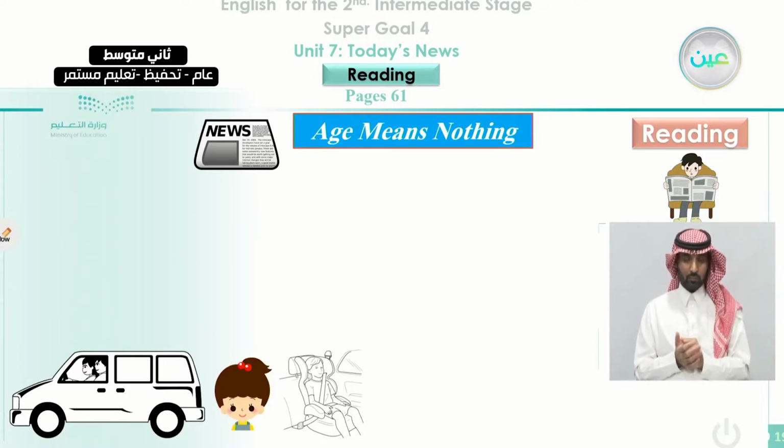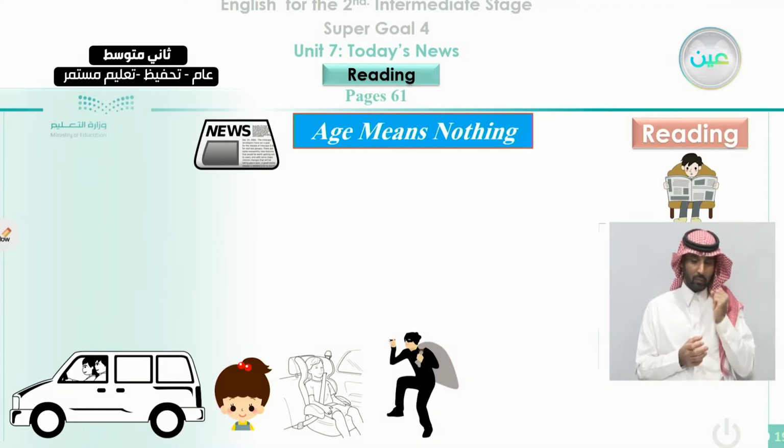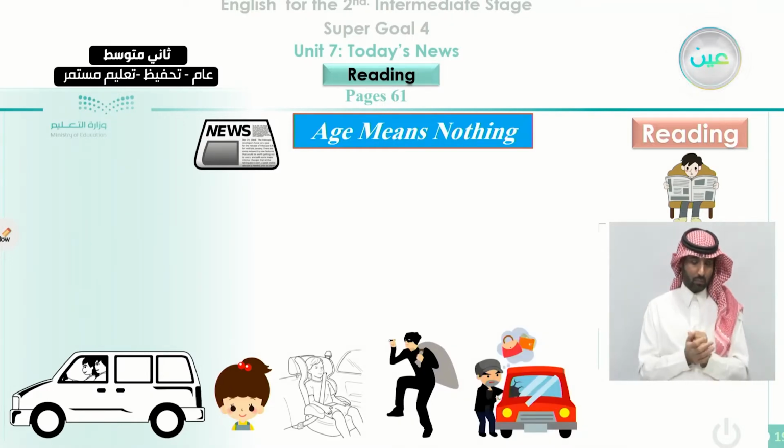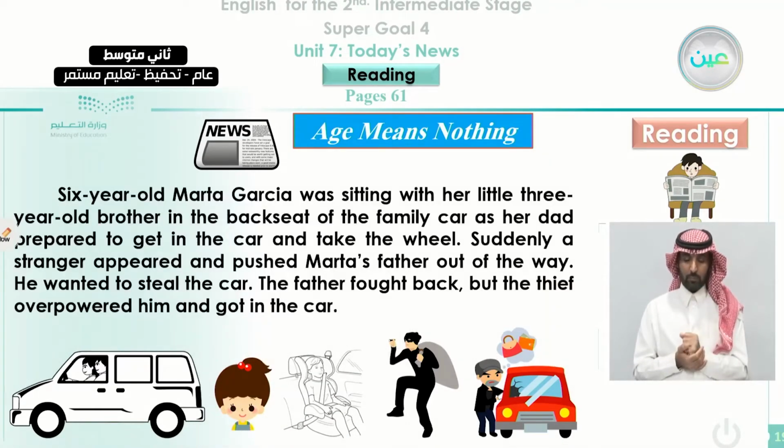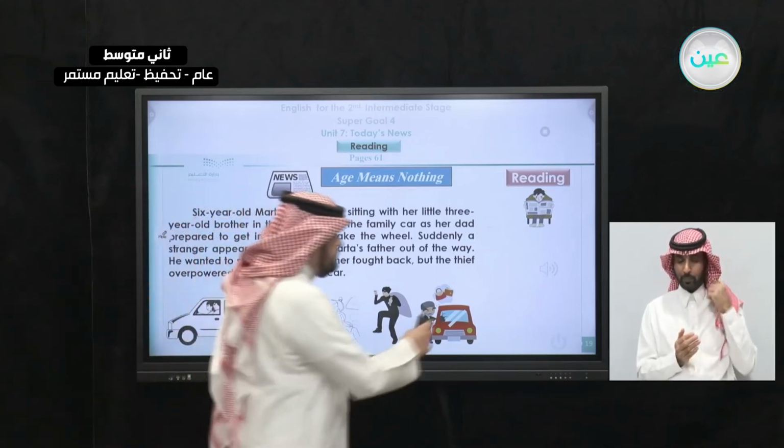We want to know how old she is and what happened to her when she was in her father's car, and what happened also to the father when he wanted to defend his car and his daughter and his son as well. These things we are going to find out when we read and listen to the first paragraph of this news. Let's listen.